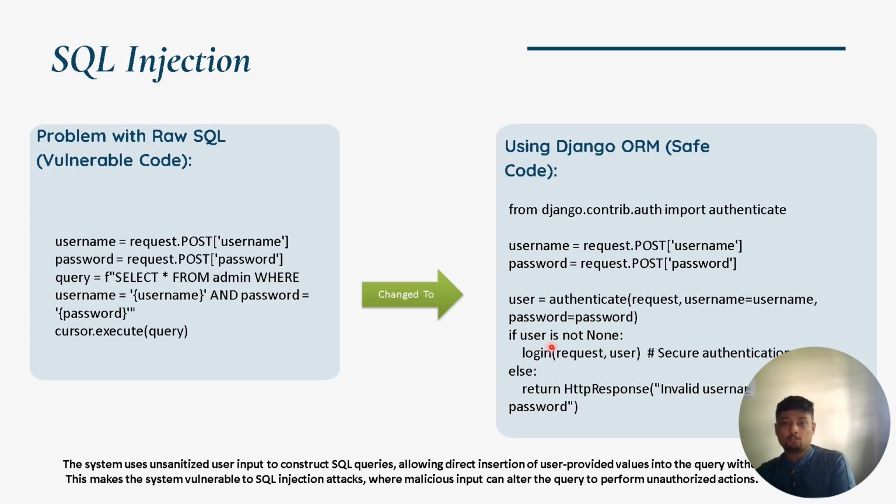If they are not empty and secure enough, then only we put the login request, and after that, this user object is sent to the database, the username and password associated with this object are taken out, and the query is executed there. So this makes the process a whole lot safer for our application.